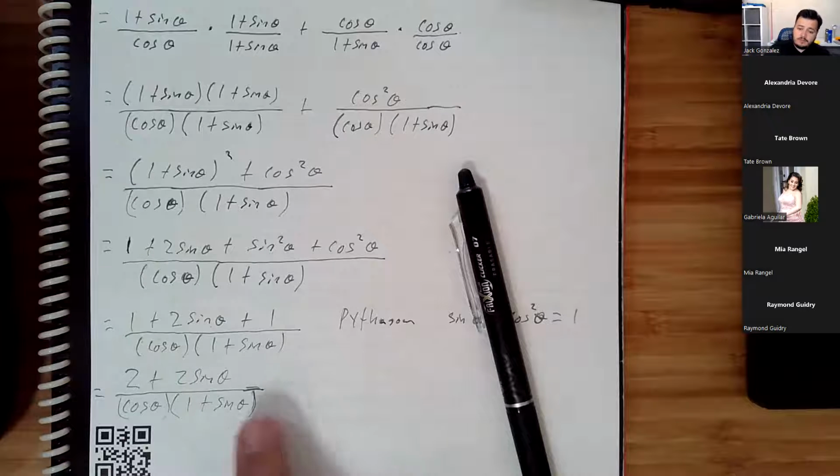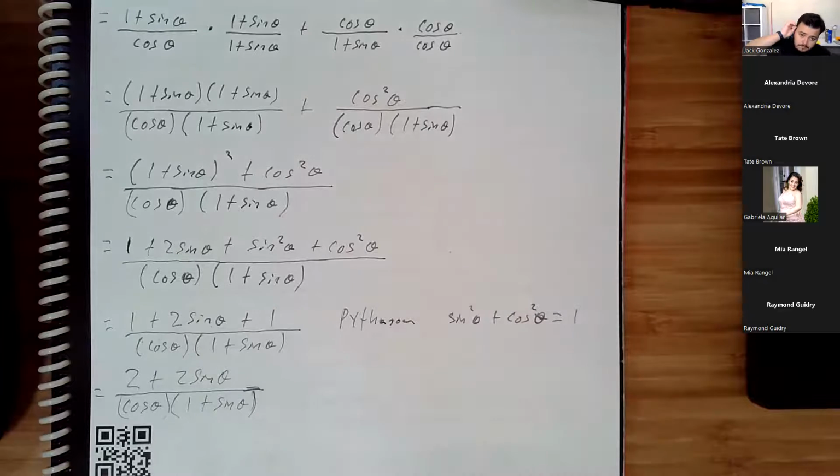I'm going to rewrite this step and go from there.